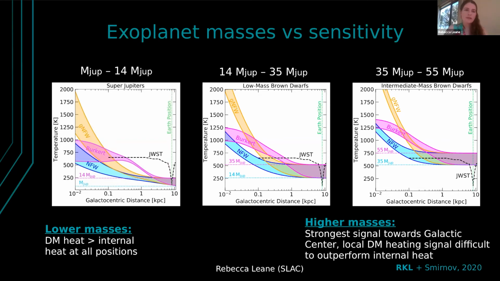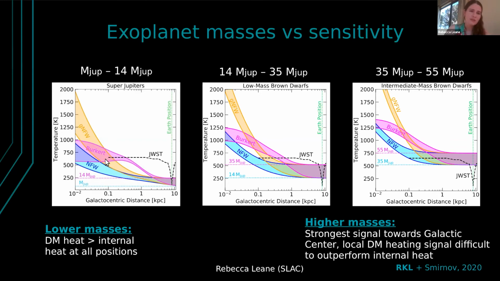So as a note on the different types of exoplanets that you might want to use, different masses are optimized for different positions. For lower masses, for example here, these are just Jupiters or super Jupiters. They're much less massive. So you see that at the local position, you can actually have some dark matter heating that's above the internal temperature, so they can be used in the local position, which is good.